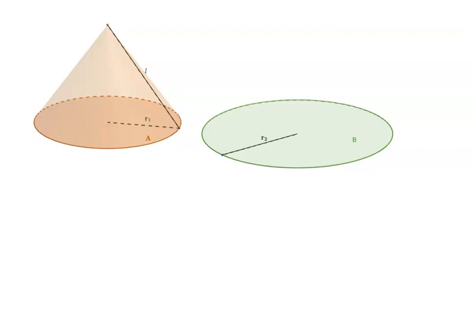So let's understand this. Let A be the base of the cone with radius R1. A generator of the cone is L, that is the slant height of the cone or the side of the cone.